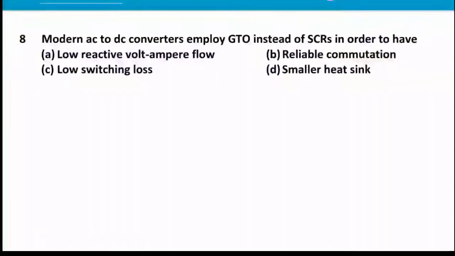The answer is reliable commutation, because in case of gate turn off thyristor, that is GTO, we can turn off or commute that device using a negative gate pulse, which is not possible in case of SCR. So only for reliable commutation we use GTO instead of SCRs in modern AC to DC converters.